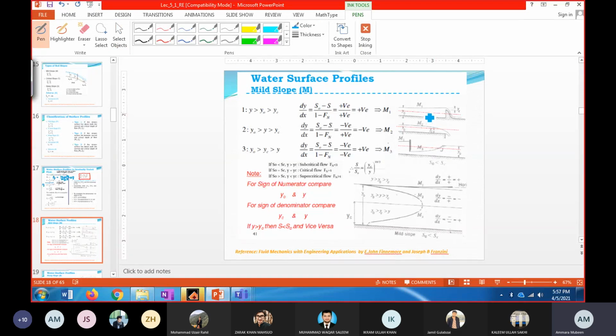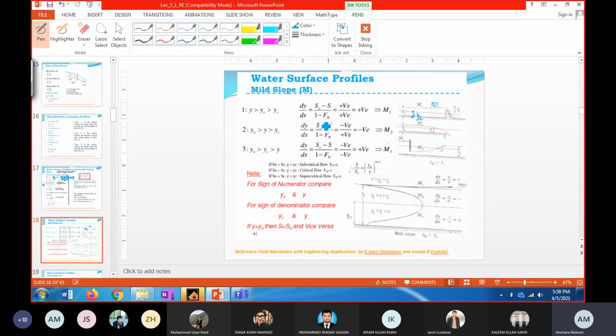If this line in the figure is the critical depth line yc, and this is y naught, then M1 profile means that y is greater than y naught. And if y is greater than y naught, then it is in zone 1. So zone 1 profile is M1 profile.